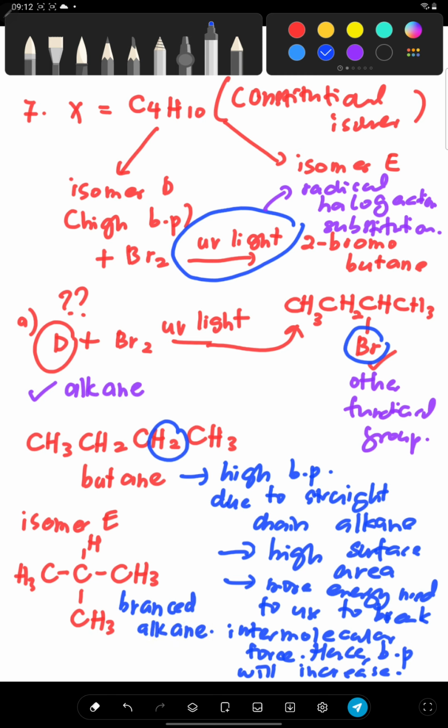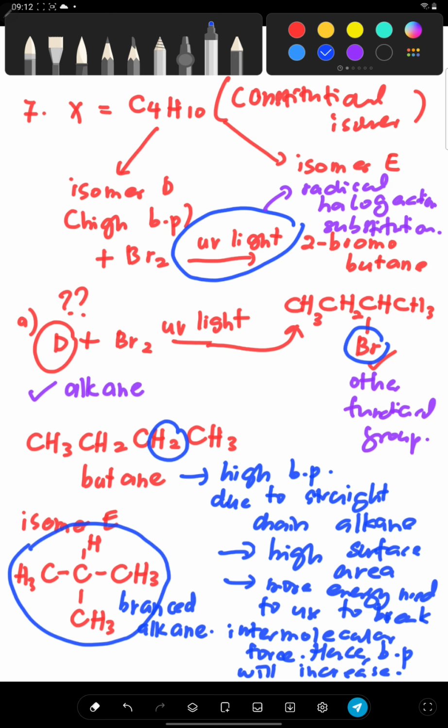Okay, why does branch alkane possess lower boiling point compared to straight chain alkane? Because the structure of isomer E is just like a sphere.